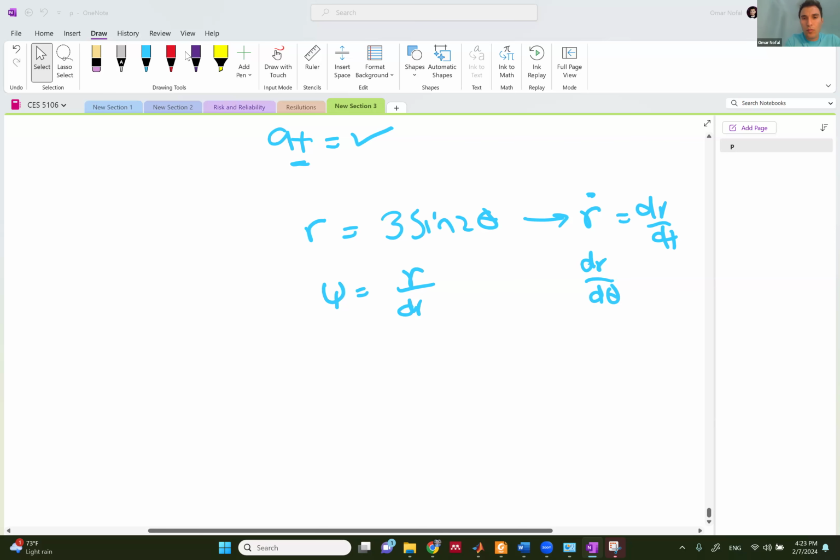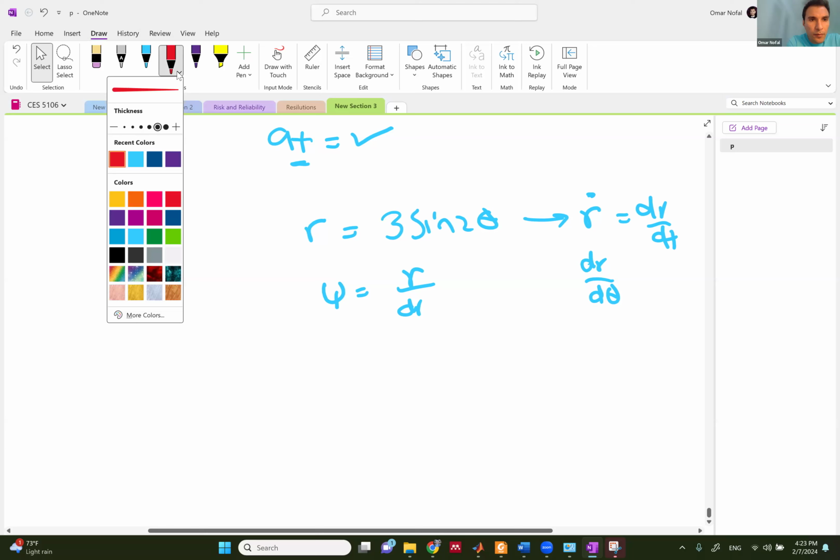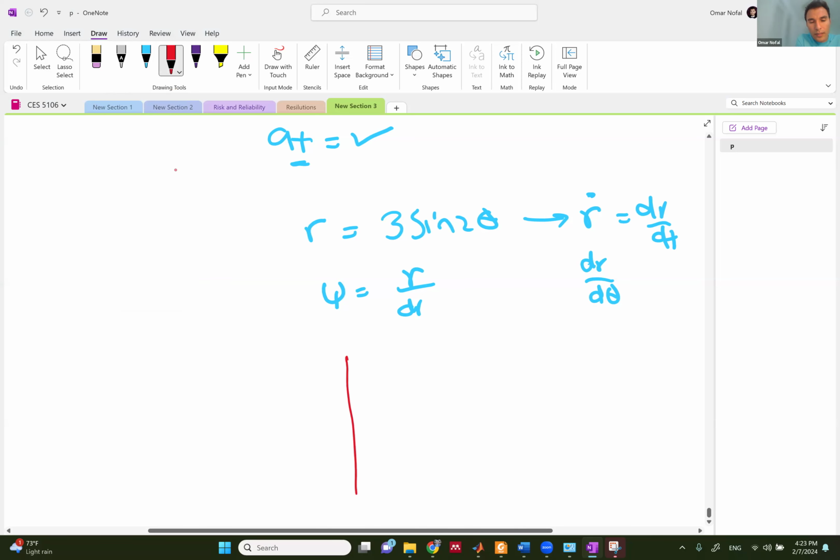I'm back. So the thing I want to emphasize now is for some of you who are not familiar with the differentiation rule that we've been talking about. So let's solve an example here. For example, r equals 3 sine 2 theta, and you want to get dr d theta.